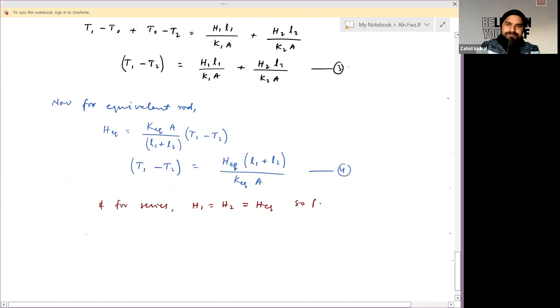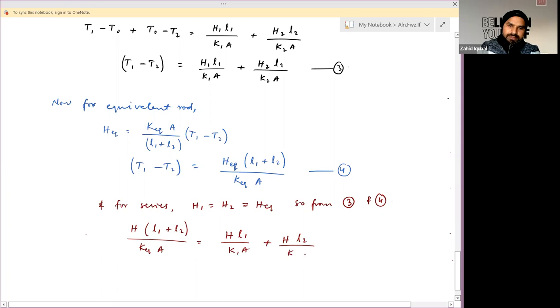So from equation 3 and equation 4, since both having same term in left hand side, I can equate them. H multiplied by L1 plus L2 divided by K equivalent into A equals to H L divided by K into A plus H L divided by K into A.